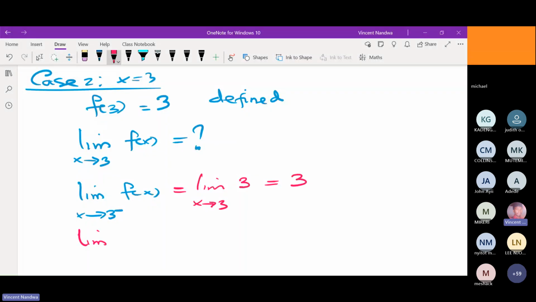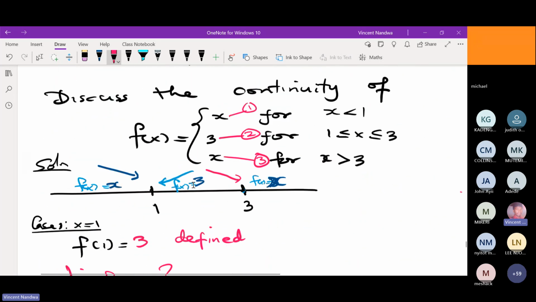Then limit as x approaches 3 from the right. Now you go back to your sketch here. We want to approach the point 3, but from that direction. So which value of f of x do we use?